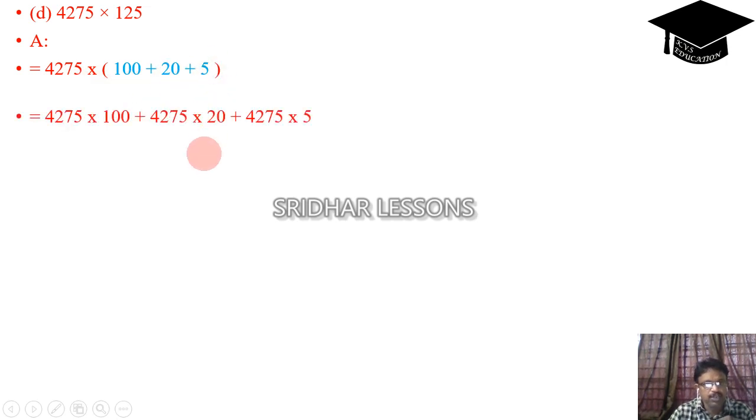Next one, 4275 into 125. We can write this 125 as 100 plus 20 plus 5, furthermore simplifying. Then the next step is, tell me, 4275 into 100 plus 4275 into 20 plus 4275 into 5.